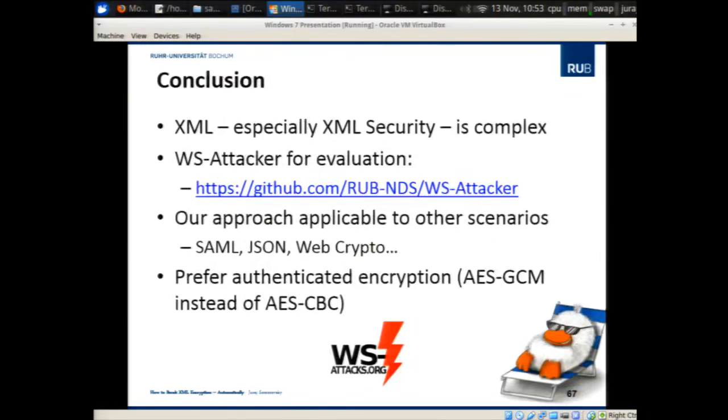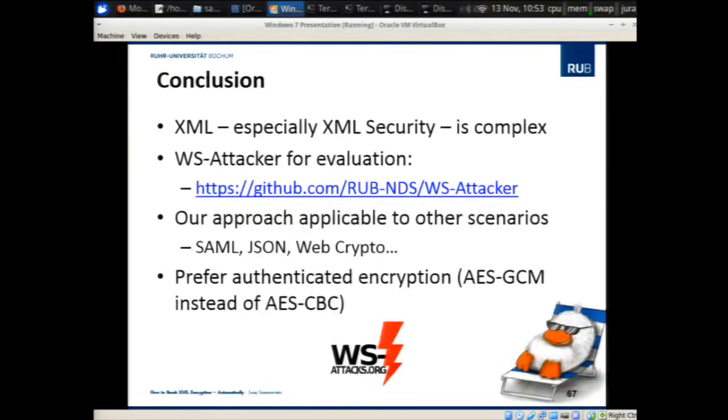Okay, so in conclusion, I presented some XML Encryption and XML Signature wrapping attacks. XML security is pretty complex, so we have to cope with specific crypto algorithms, signature algorithms, and vulnerable encryption schemes.